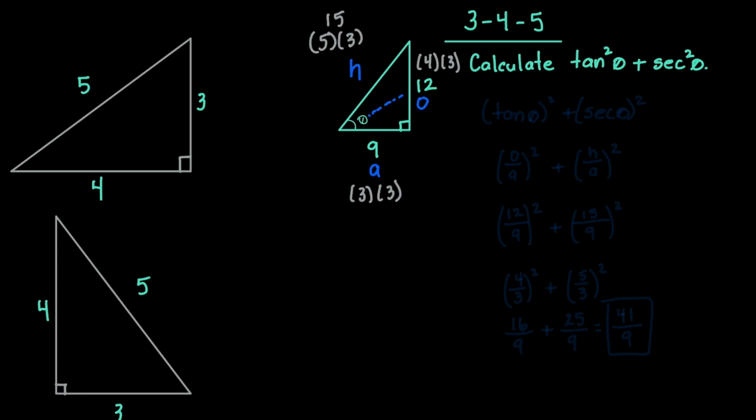One thing I like to do is rewrite my trig function squared when I'm evaluating like this. So I know I find tangent theta and then I find secant theta and then that's what I square. So we know tangent of theta is opposite over adjacent and secant theta is hypotenuse over adjacent.